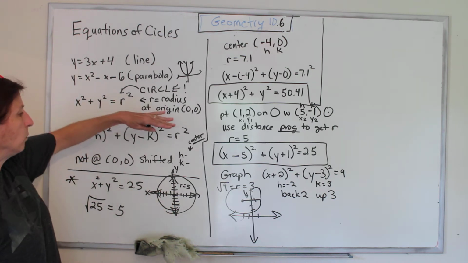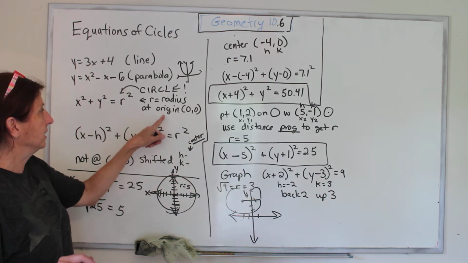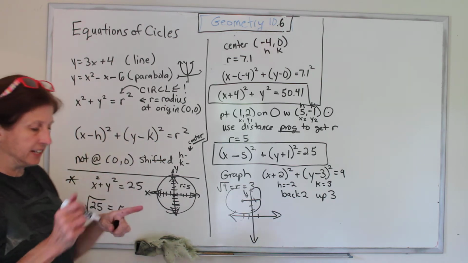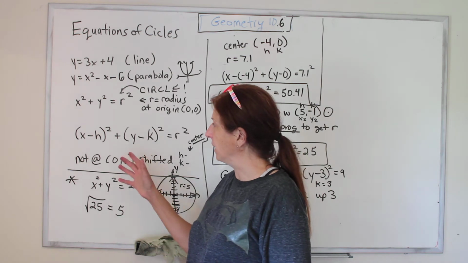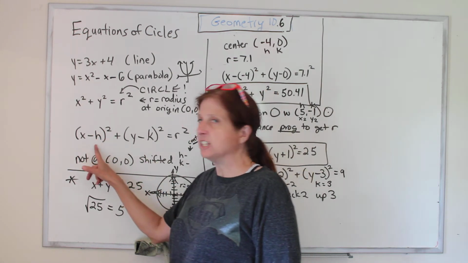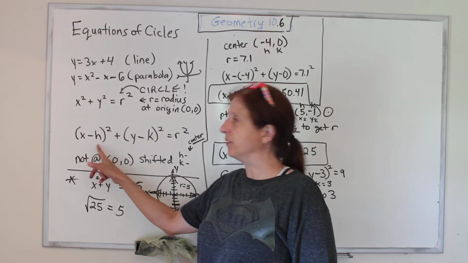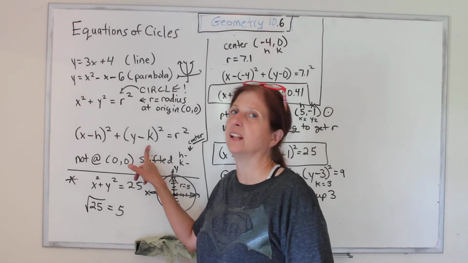All right. Now, what about if it's not at the origin? If it's not in the very center, then it's been shifted. And I've taught y'all before about shifting a formula. And remember, H shifts it horizontally, H for horizontal, and K shifts it vertically, K for vertically.